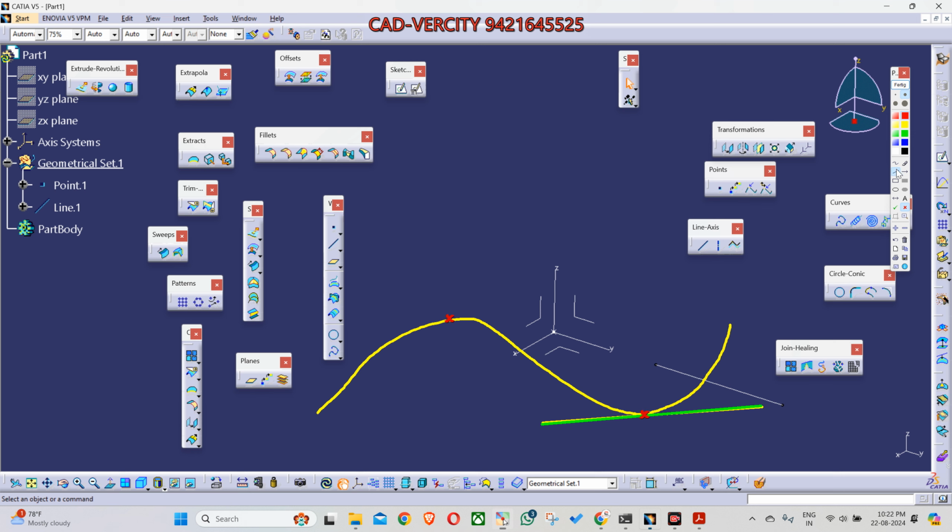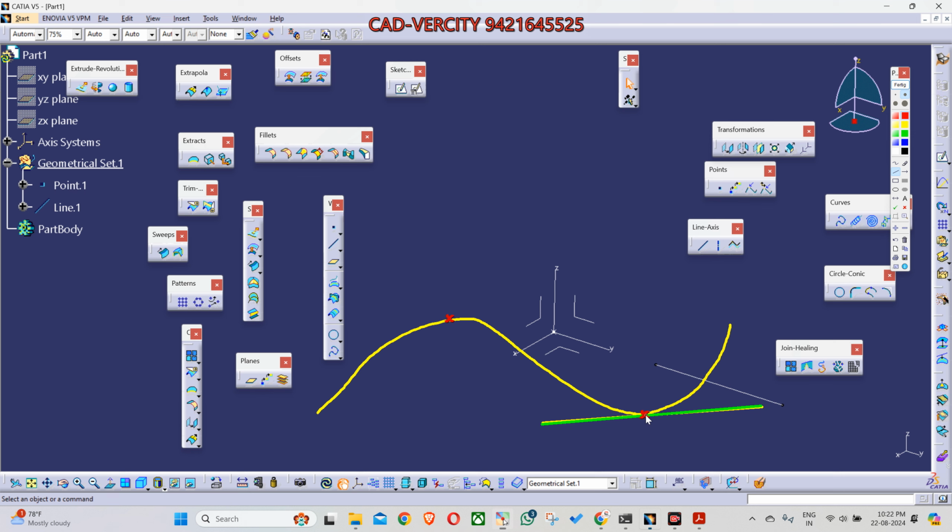Yes or no? Quickly. Last try. Yes, sir. Maybe yes. At that particular point we can draw. How? Because between points it is a curve, right? A spline has a number of points. Between 2 points we are considering it as a curve. That's why we can draw, I think.